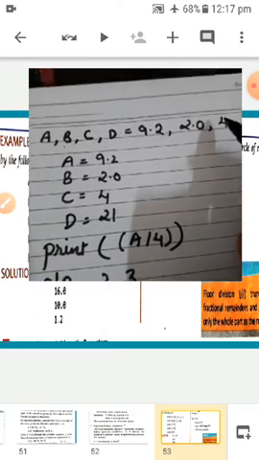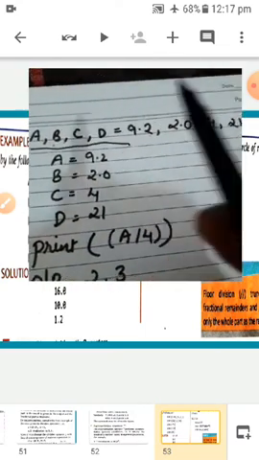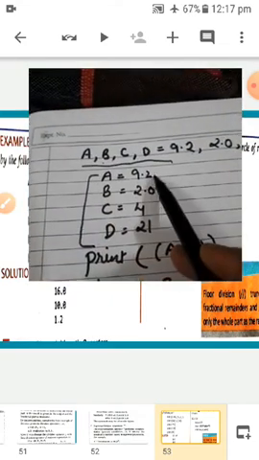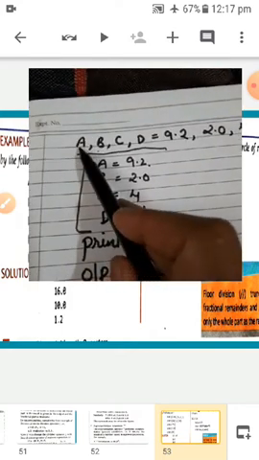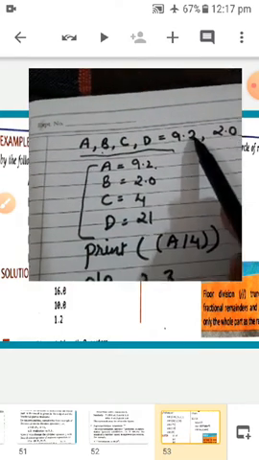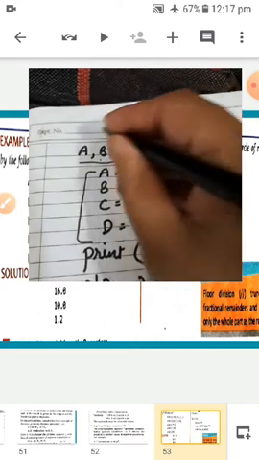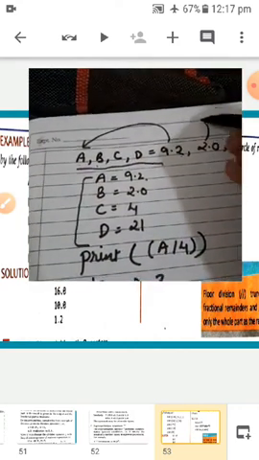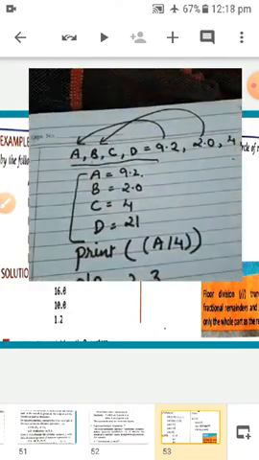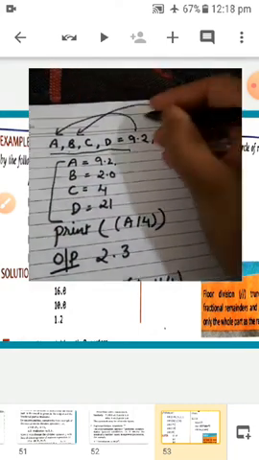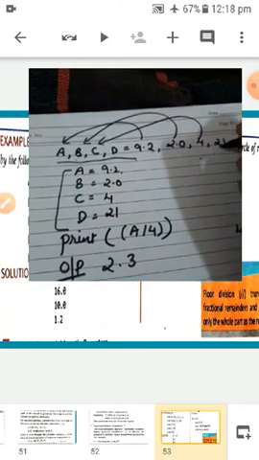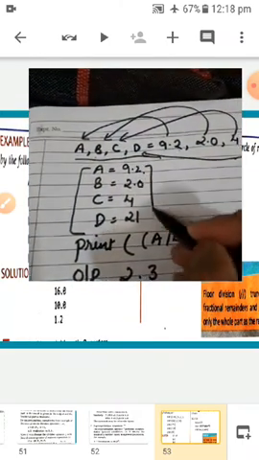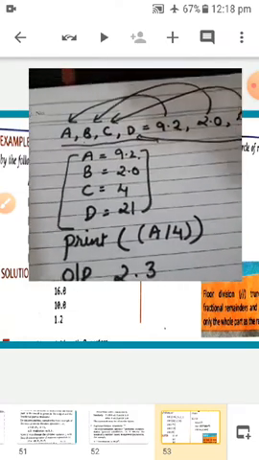If I write this particular line in brief, what is the meaning of this line? It means a is equal to 9.2, because a is coming first here and 9.2 is coming first. It means this 9.2 is going to be stored in a. Now b is equal to 2, means this 2 is going to be stored in b. Now this 4 is going to be stored in c. In the same manner 21 is going to be stored in d. So I have written like this, exactly a, b, c, d values are these.